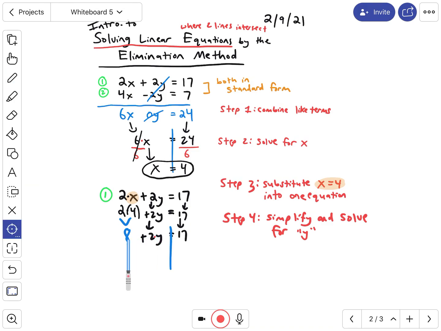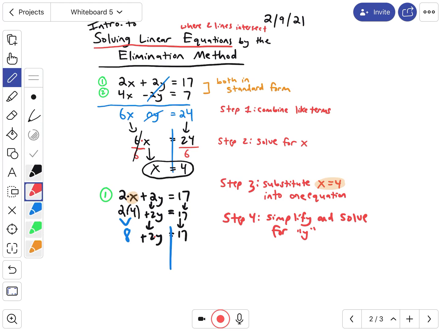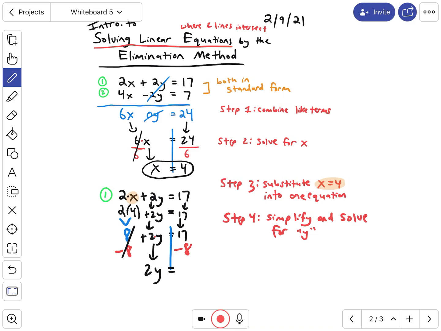So instead of doing multiplication first and then addition, which is PEMDAS, we're going to do PEMDAS backwards to solve for y. So we're going to get rid of this positive 8 by subtracting 8. And then now we have 2y equals, what's that, 9?